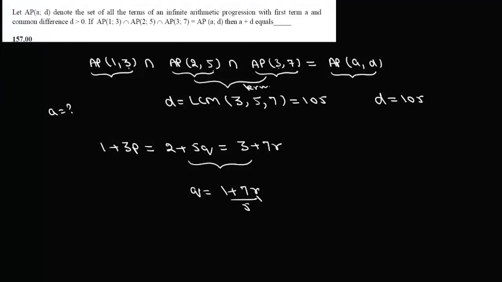If we put r as 1, it is not an integer, but if we put r as 2, we'll get q as 3. Now this is 15 plus 2, 17. So the first common term of these two APs is 17.